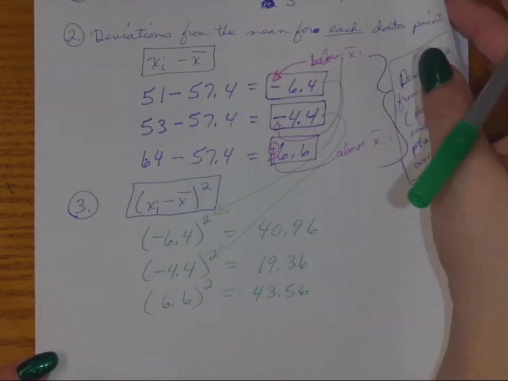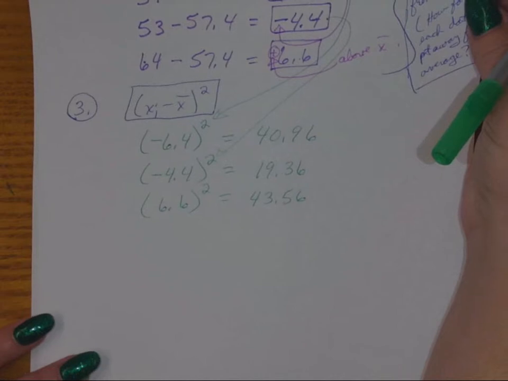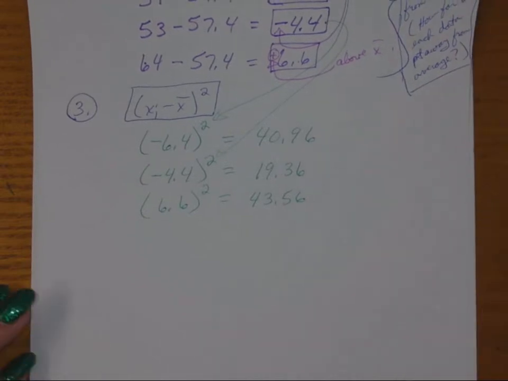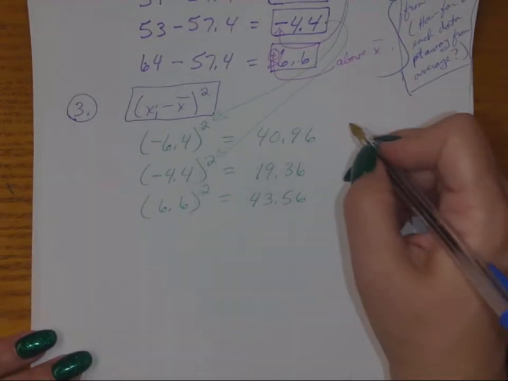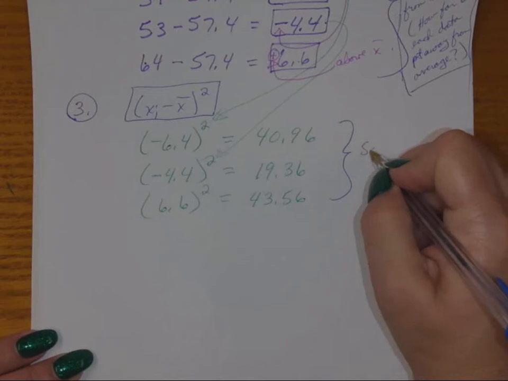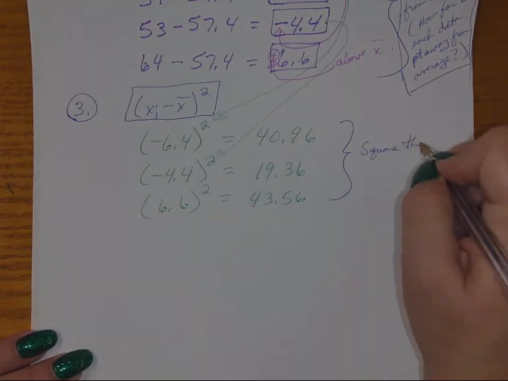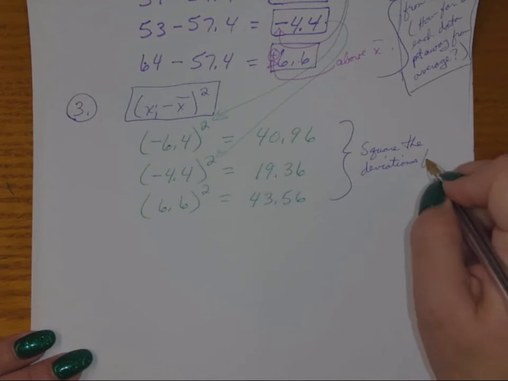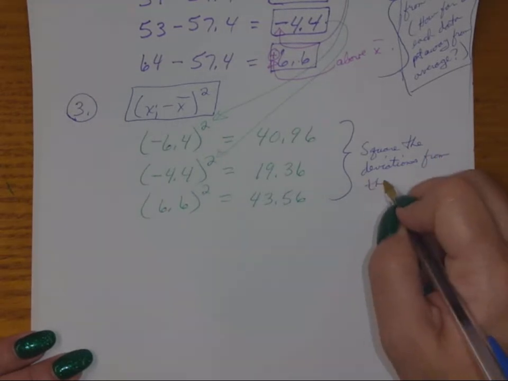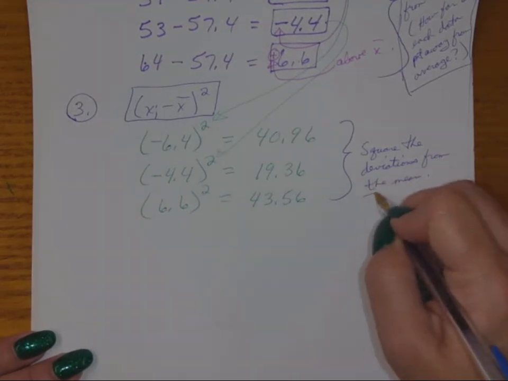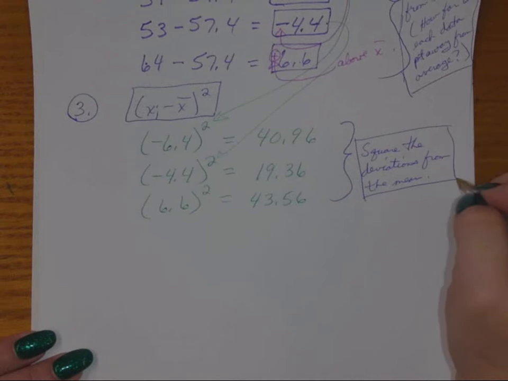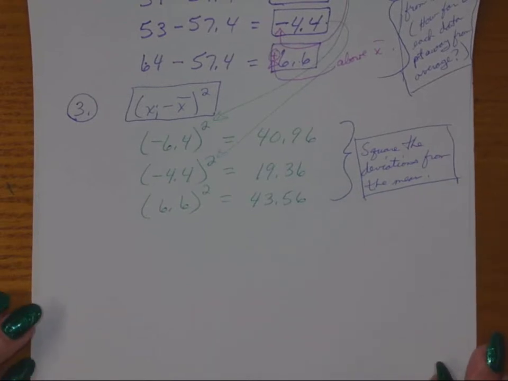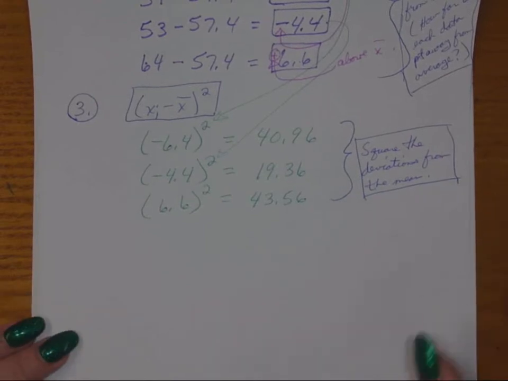Subtract the mean, then square whatever your difference was. So this step is square the deviations from the mean. That's what we were doing there. All right, square the deviations.